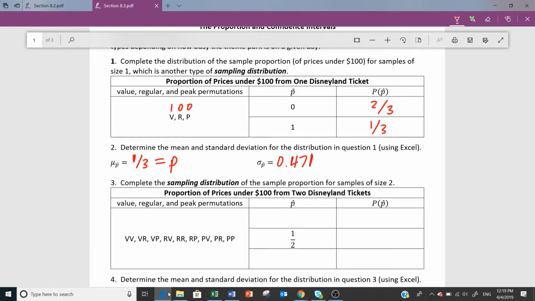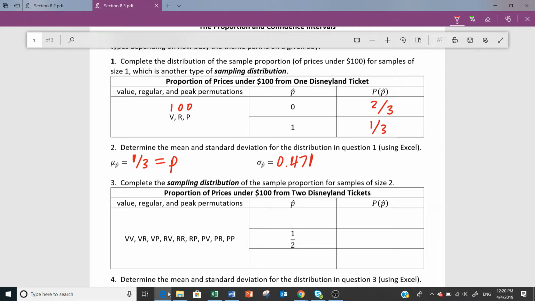Now let's look at sample proportions for size 2 samples. How many values were under 100 for VV? Good. Both of the V's mean that it was a value under 100? Yes.